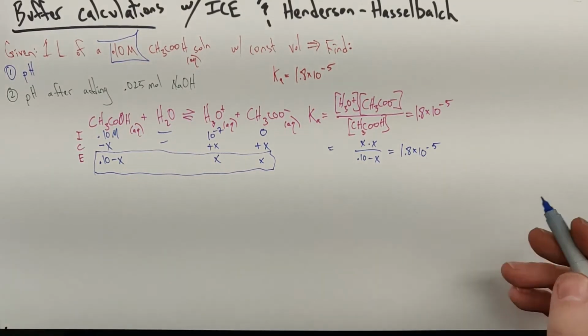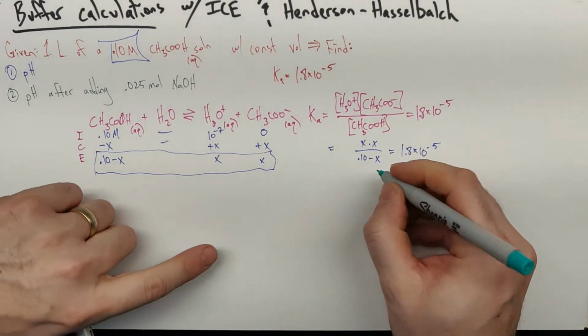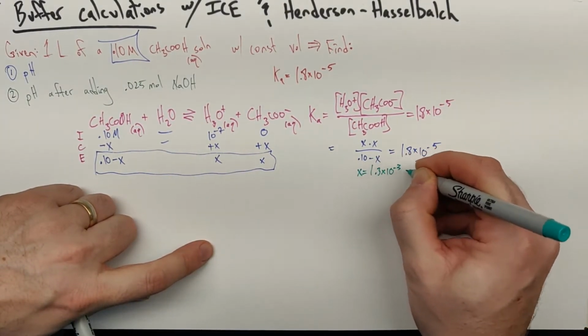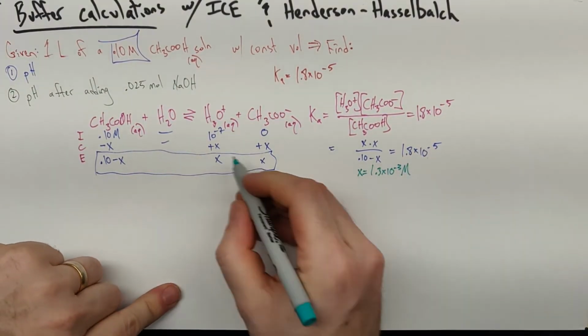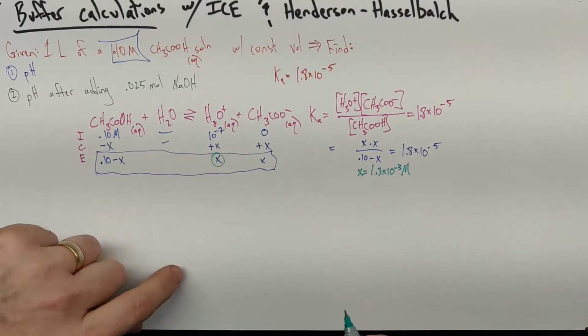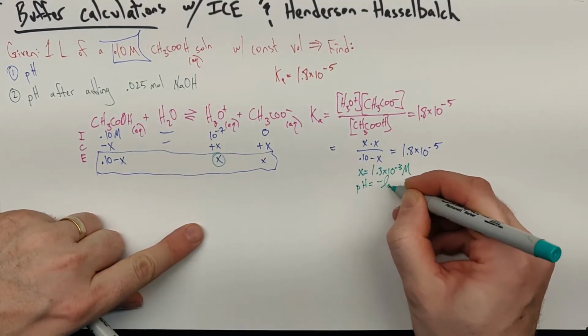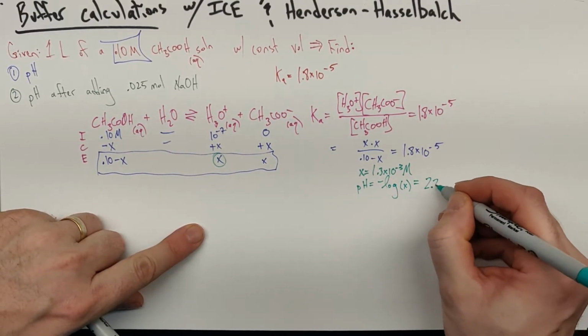Punching that into the calculator, I get an x value of 1.3 times 10 to the minus third. And I can use that to get a pH. Since that x is our concentration of H3O plus, my pH is going to be the negative log of that x value. And in this case, that happens to be 2.88.